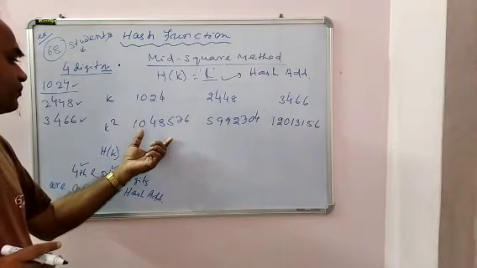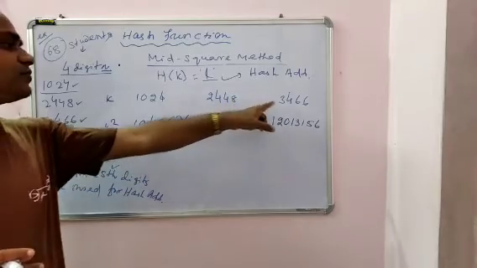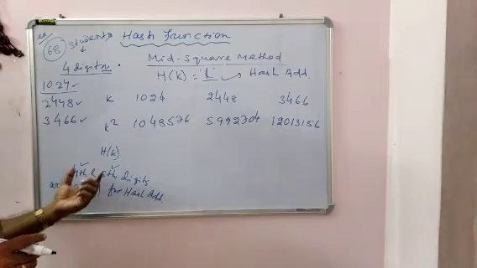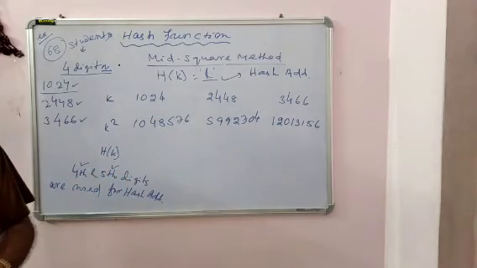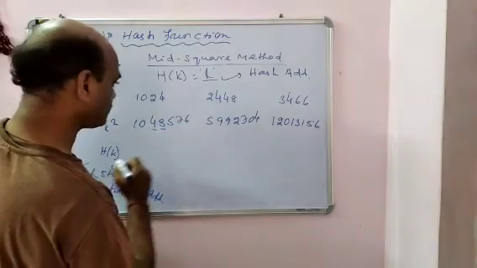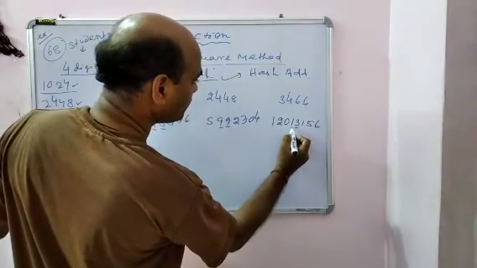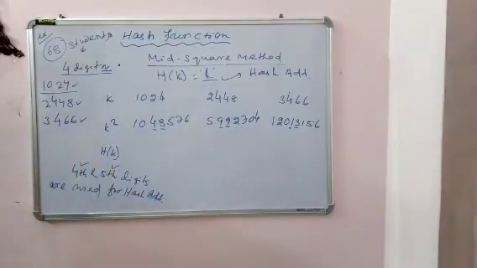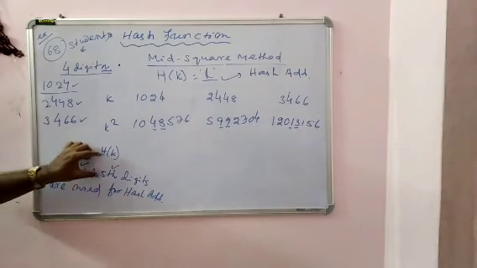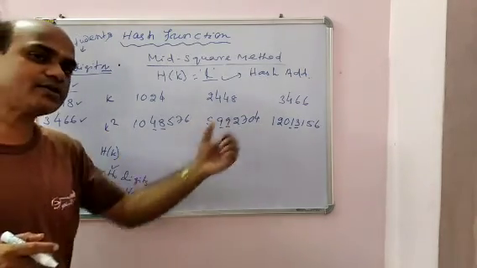So from the squares of the key fields 1024, 2448 and 3466, we accept the fourth and fifth positions of the square. By accepting the fourth and fifth position digits from this k square, we can consider the hash address.